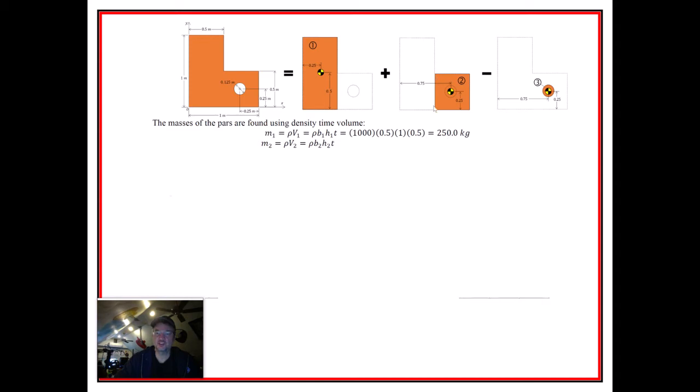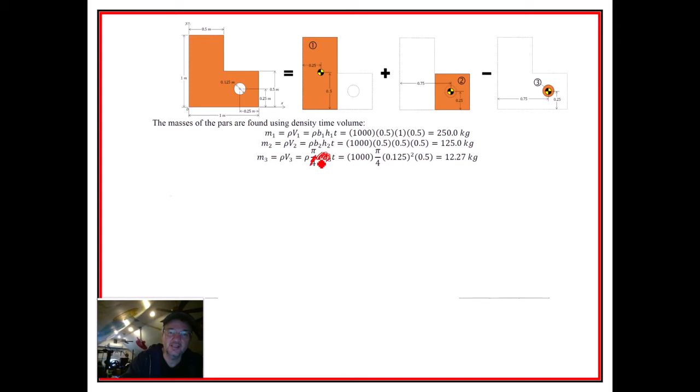For this part 2 over here, he's really half the size. So you would expect it to be half the mass right here. And then for the circle, I actually messed this up right here. This should be r squared right there. Actually, that should be d squared, because it's pi over 4.